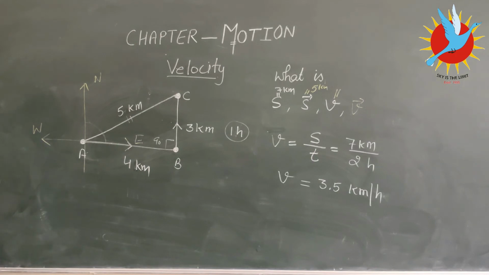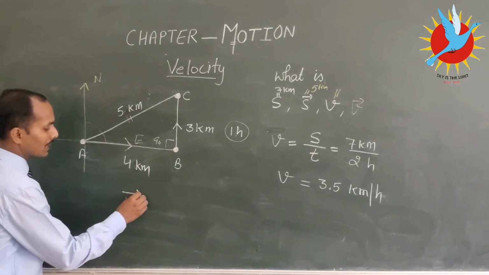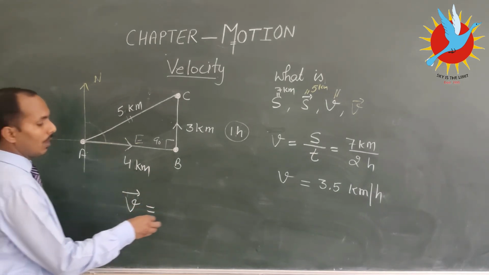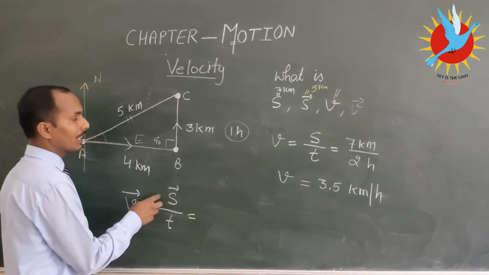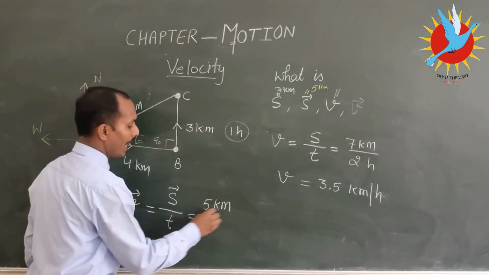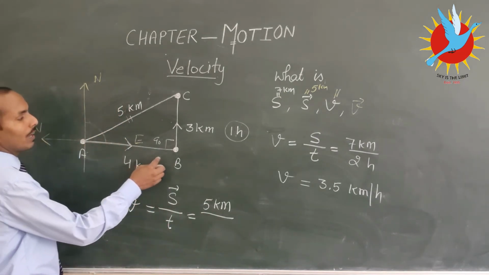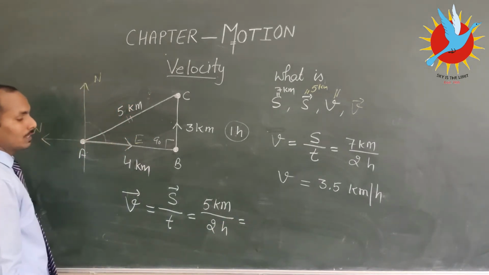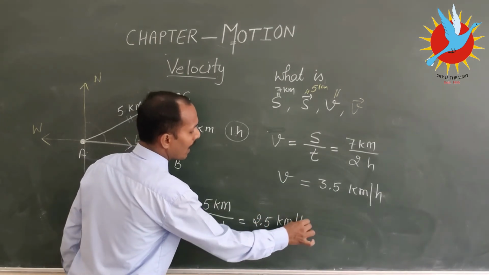Now what is its velocity? Velocity is represented by V with an arrow, which shows that it is a vector quantity. Velocity is displacement upon time. We already calculated the displacement, which is 5 kilometer, and the total time is 2 hour, so its value becomes 2.5 kilometer per hour.